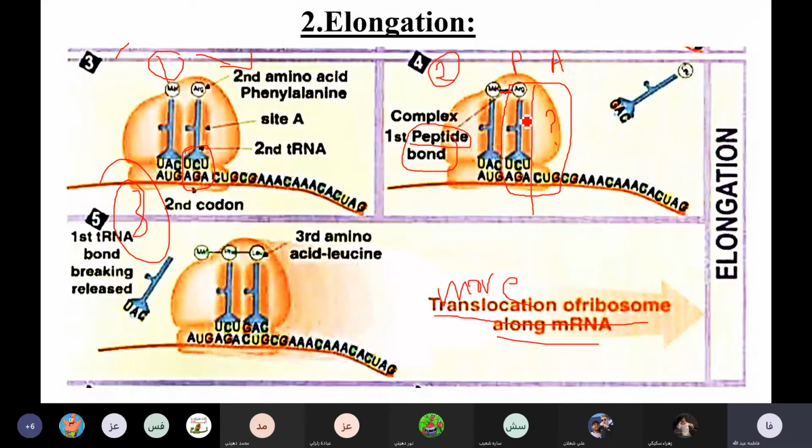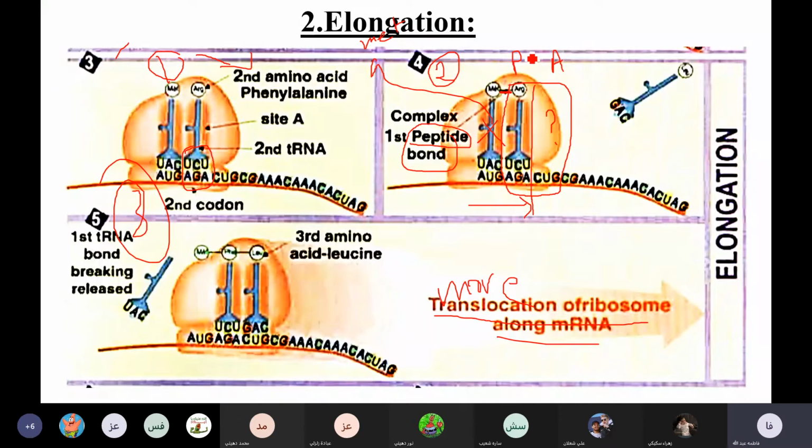This transfer RNA is now carrying ARG with a peptide bond with the Met. This transfer RNA will be released; it goes back to carry Met on its top again. I will repeat again: the ribosome moves just one codon. So I have CUG, and the ribosome is now the part in red. Now in the P site is the transfer RNA carrying ARG.